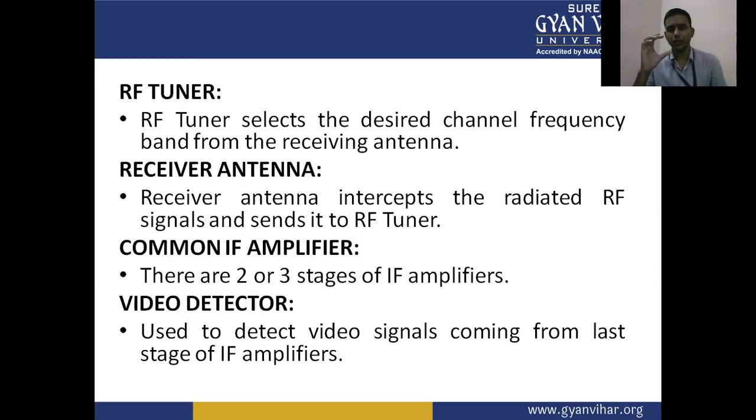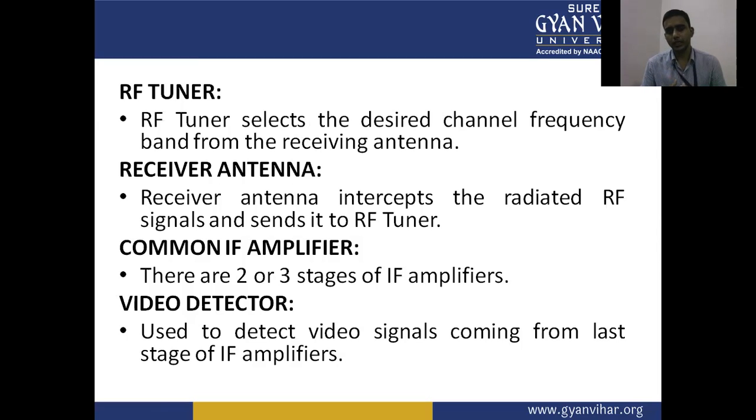The RF tuner in the receiver system selects the desired channel frequency band from the receiving antenna. It selects a particular frequency to receive the signal.